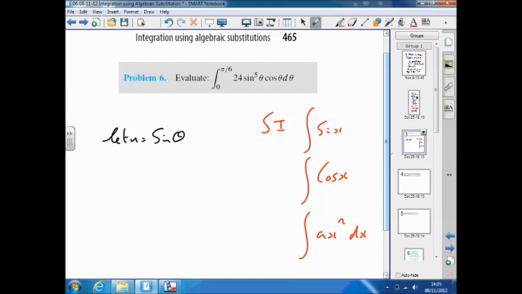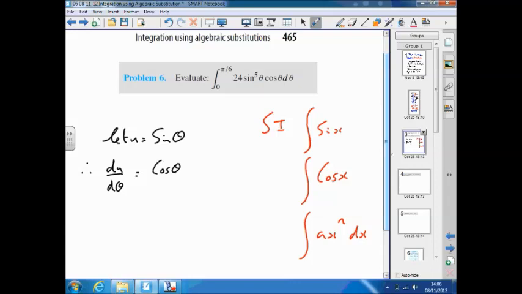And whatever we decide to let equal u, we differentiate. So if u equals sine theta, du by d theta will equal, what's the differential of sine? Cos, just cos theta.